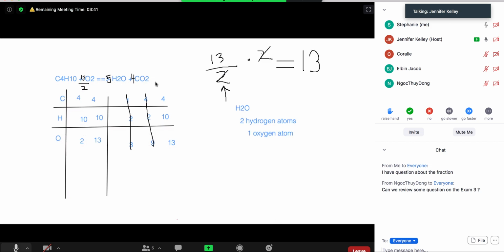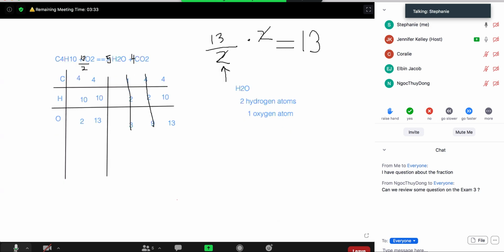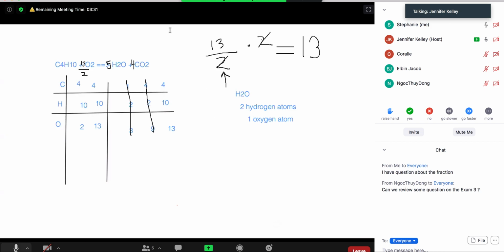Okay, so how do you think we get rid of that fraction? Do we divide it? I'm not sure. That's a good guess. Okay. So this is what we'll do. So let's say you have 13 over x equals 1.